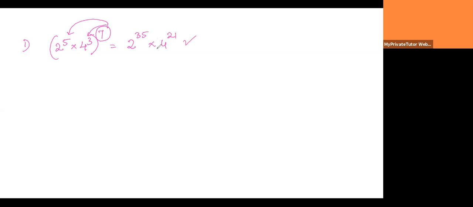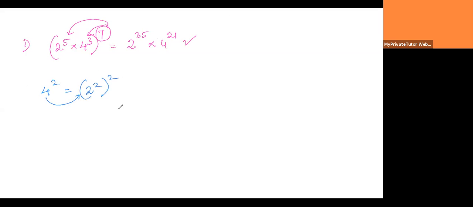Is it possible to simplify? Maybe I will explain the other things, and I hope everyone knows the basics. Here we have a 4 square. Just take a look at this. Can we write 4 as 2 square?